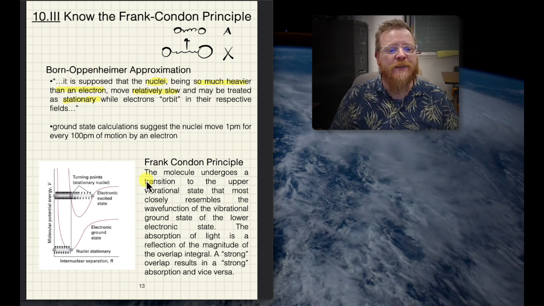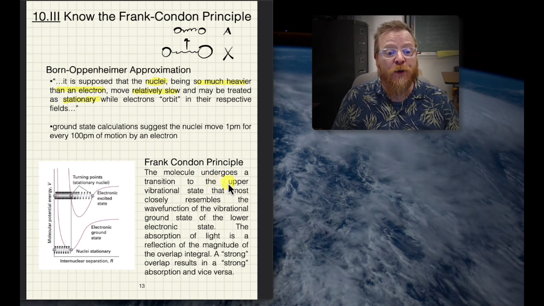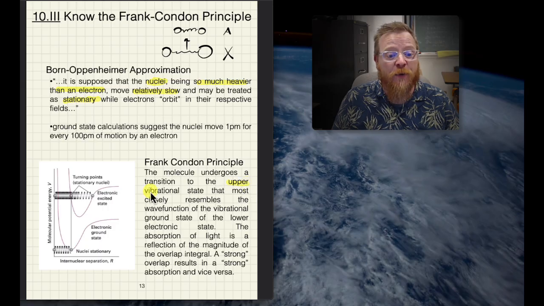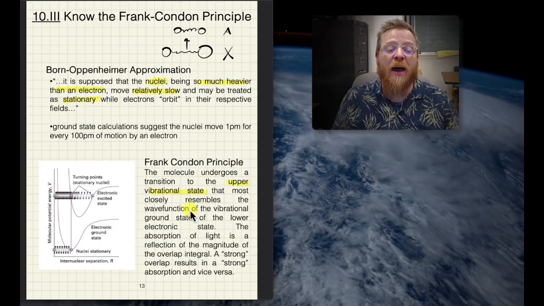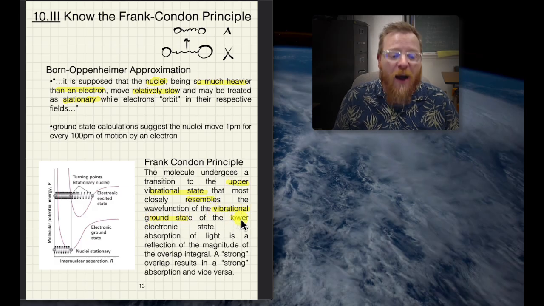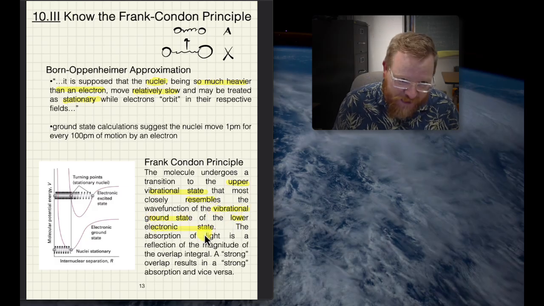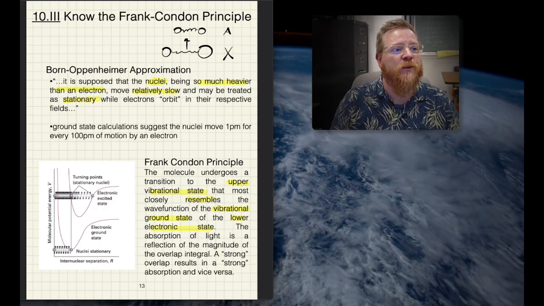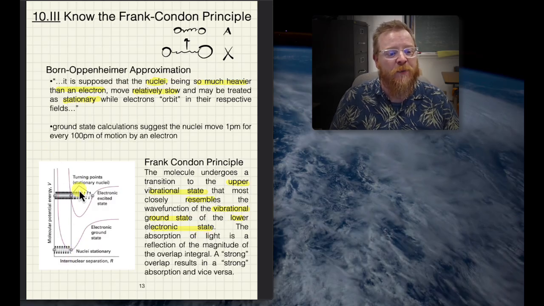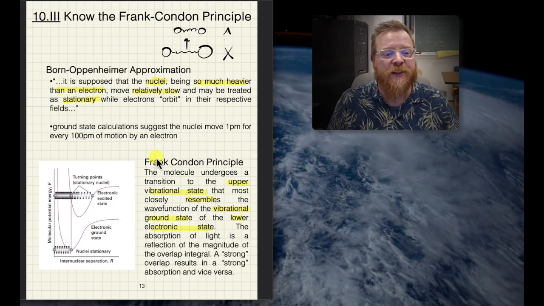So Franck-Condon says the molecule will undergo a transition to the upper vibrational state that most closely resembles the wave function of the vibrational ground state of the lower electronic state. In other words, we can see in this picture right here, this is our Franck-Condon transition, or what is often referred to as the vertical transition.